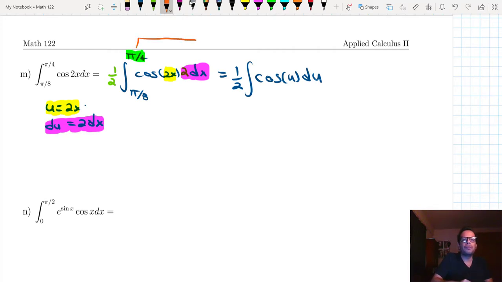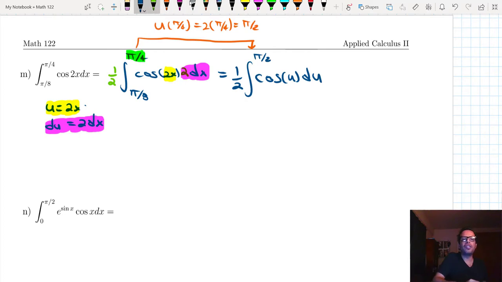This will become a new limit, right? Using the substitution u equals u of pi over 4 by substituting 2 times pi over 4. And that's going to give us pi over 2. Okay, so the new limit will be pi over 2.